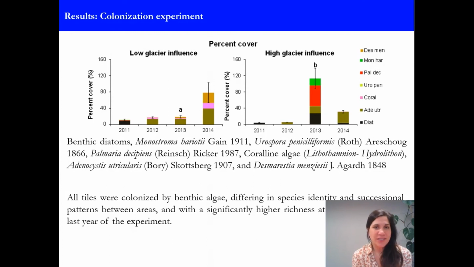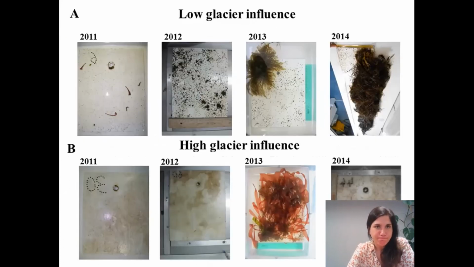We saw that all the tiles were colonized by benthic algae, that they differ in species identity and successional patterns between areas, and that there was a significantly higher richness in the low glacial influence area than in the high glacial influence area during the last year of the experiment. Here you can see an example of some tiles and how these were colonized by different species during the 4 years of the experiment.